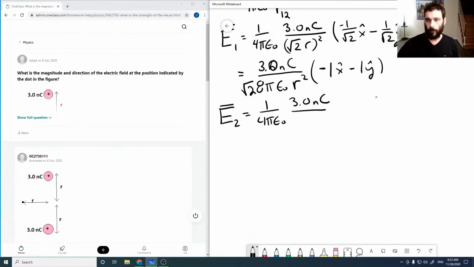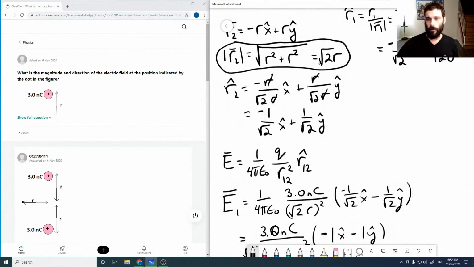And also, if we look, our R2 magnitude is root 2r, which is this guy here. And our unit vector is similar, but with a positive on the y.